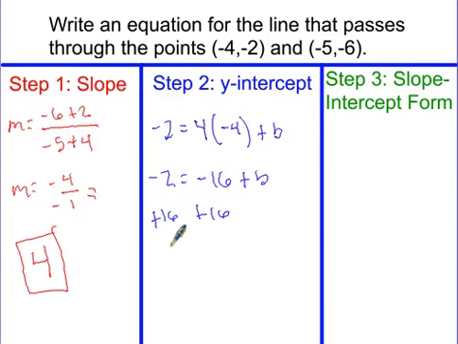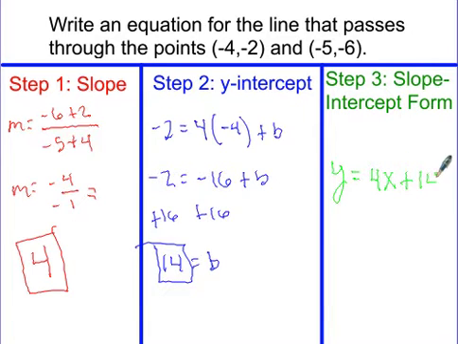Add 16. 14 equals b. So our slope-intercept equation is y equals 4x plus 14.